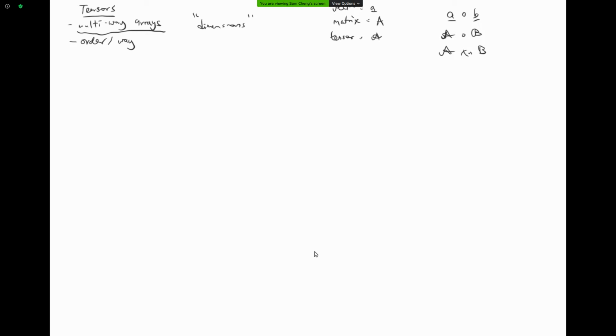So for example, if you think of a vector, typically a vector of three dimensions, I expect three scalar values. Maybe I have a vector x with x1, x2, x3, and so on. So this is a vector.